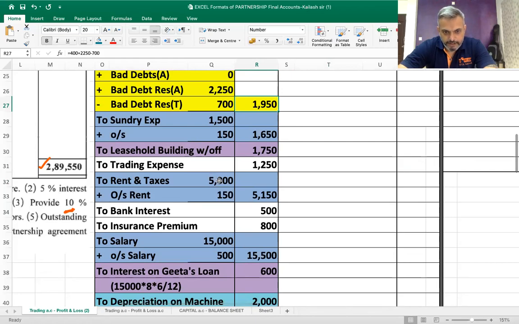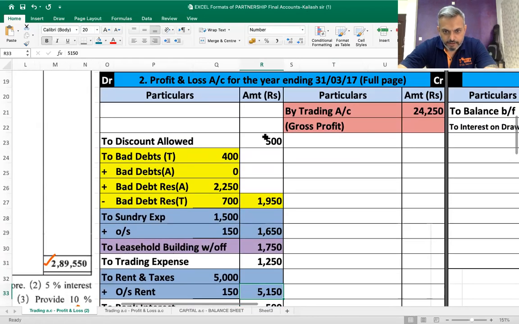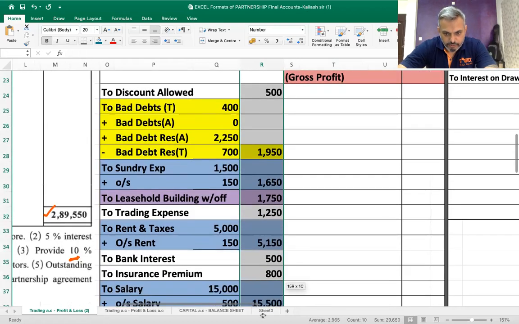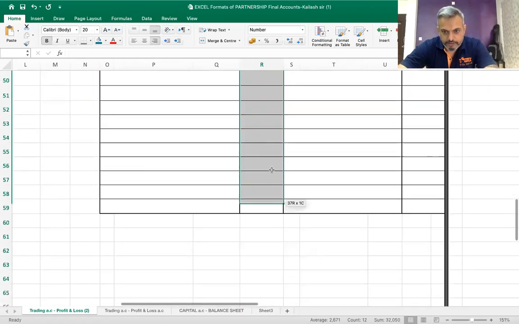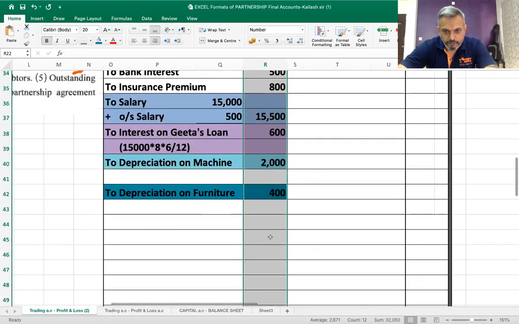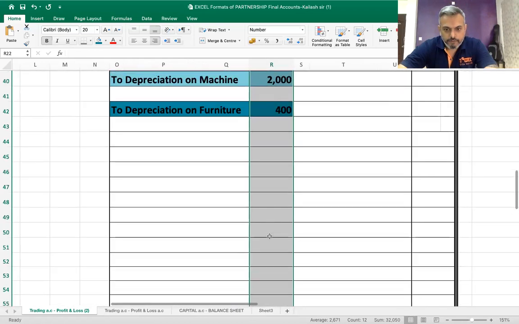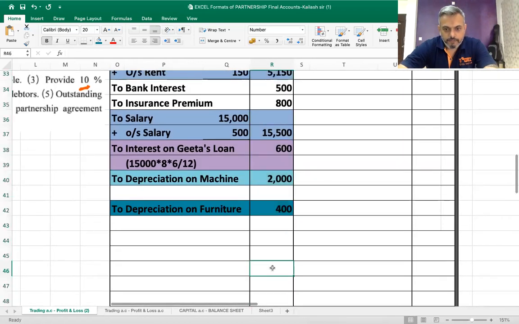Now ये correct कर लेना. Rent and taxes 5,000 में 150 add किया तो 5150 आएगा. So check कर लो और total कर लो. It comes to 32050. Same we write over here.